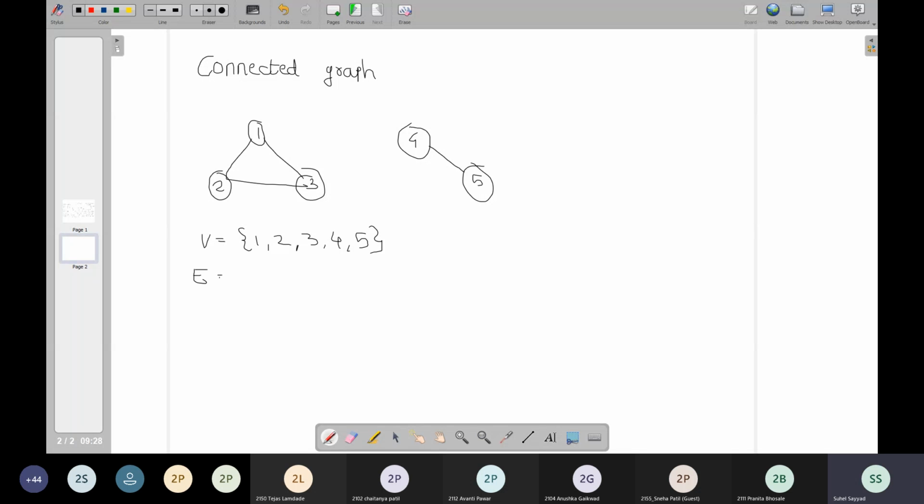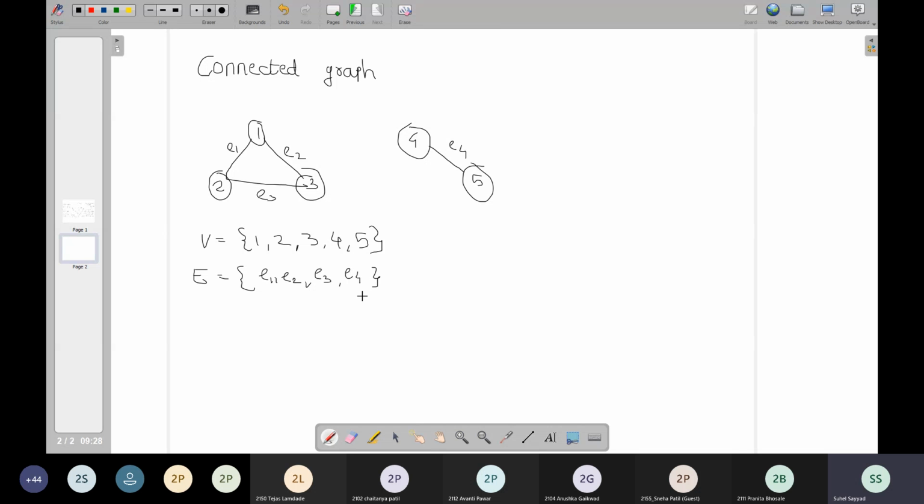And if I label these edges as E1, E2, E3, E4, I am claiming my edges to be E1, E2, E3, and E4.